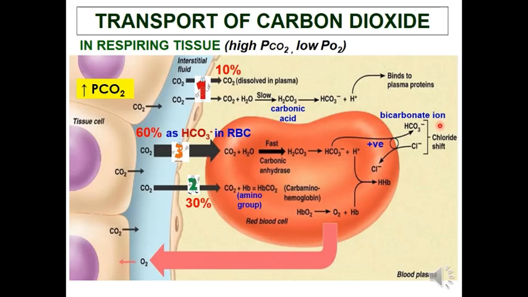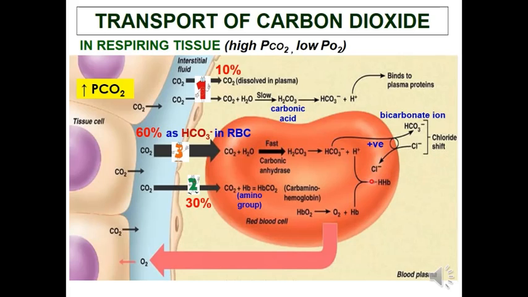This chloride ion from the blood plasma will diffuse into the red blood cell. The function of the chloride shift is to maintain the electrochemical neutrality of the red blood cell.